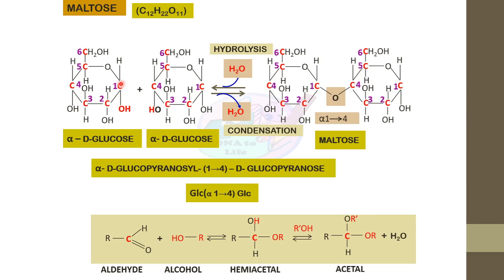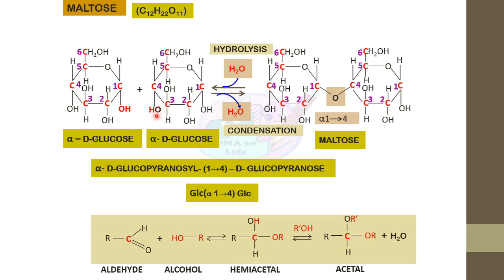This first number carbon, the anomeric carbon, is attached with oxygen from both sides, and oxygen is more electronegative, so it pulls the electrons from carbon toward itself. So carbon becomes electropositive and electron deficient. So it acts as an electrophile and can be attacked by a nucleophile.